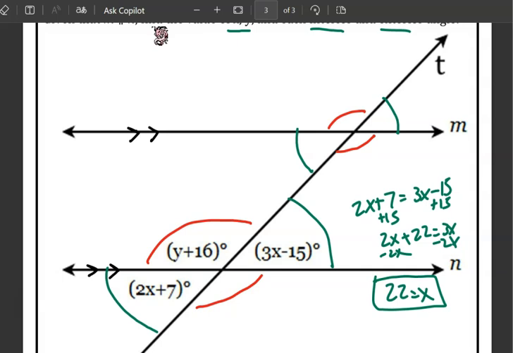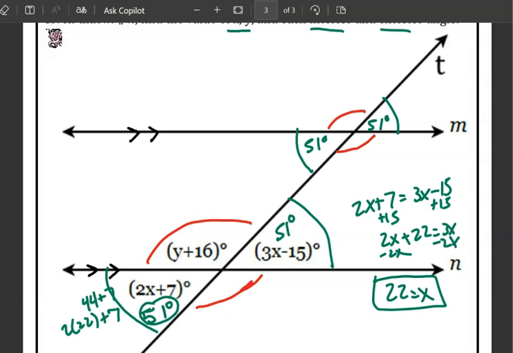We'll plug that in to find one of these green angles. 44 plus 7, 51 degrees. So that means this is 51 degrees, this is 51 degrees, and so on.